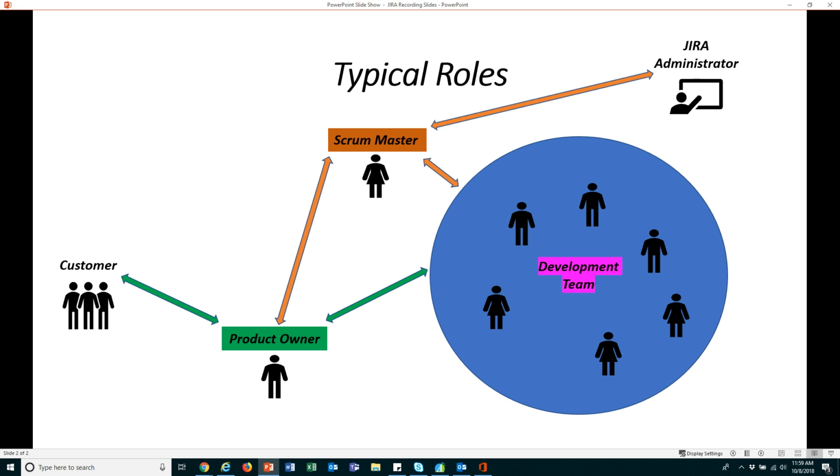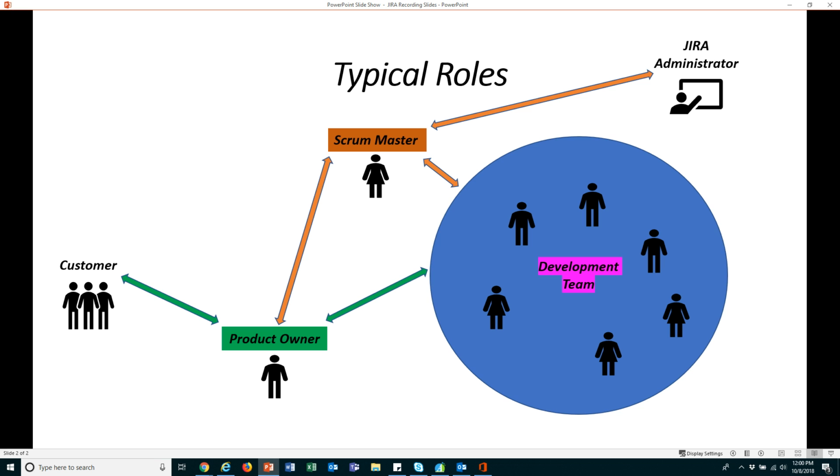So if in Jira there are some fields that are missing or some fields that aren't relevant, if the workflow needs to be changed, if the permissions need to be adjusted, whatever the case may be, the Scrum Master is going to work with the Jira administrator on behalf of the team to get their project optimized.